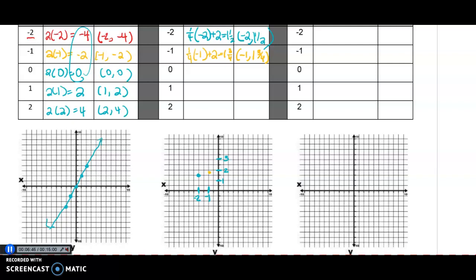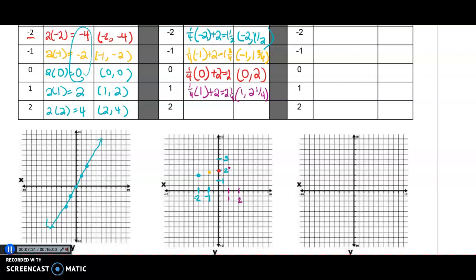And then 1/4 times 0 plus 2. Well, anything times 0 is 0, plus 2 would be 2, so that'd be the point 0, 2. I'm not going to go over any, I'm just going to go straight up 2. Then 1/4 times 1 plus 2 would be 1/4 plus 2, which would be 2 1/4. So over 1, up to 2, and then a quarter more.